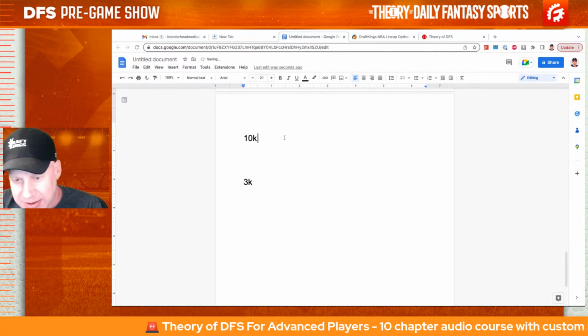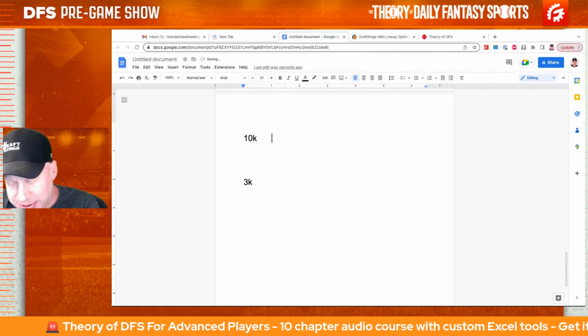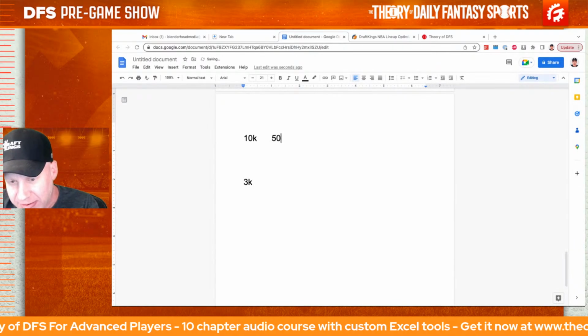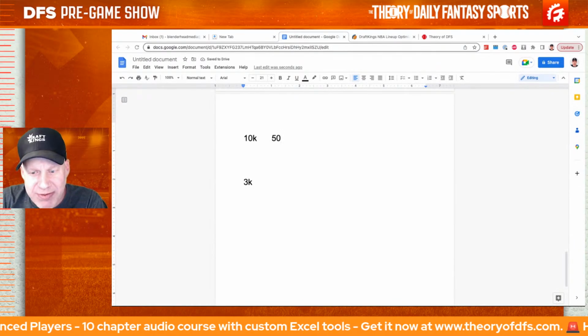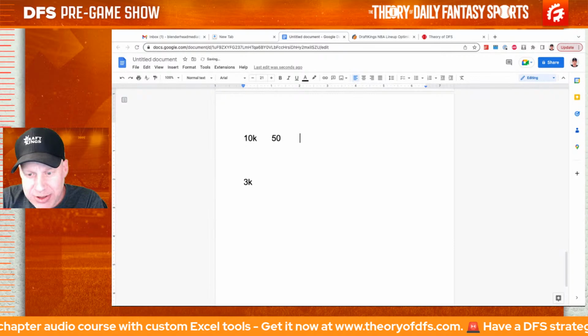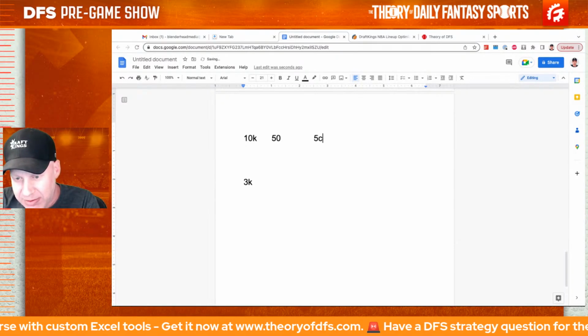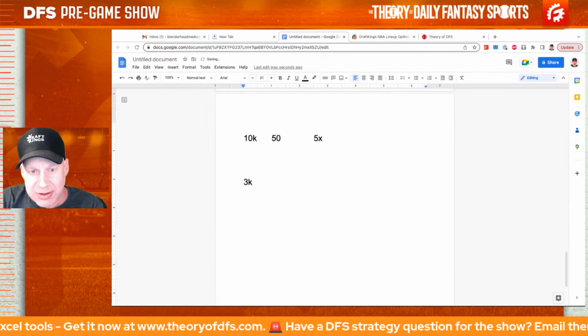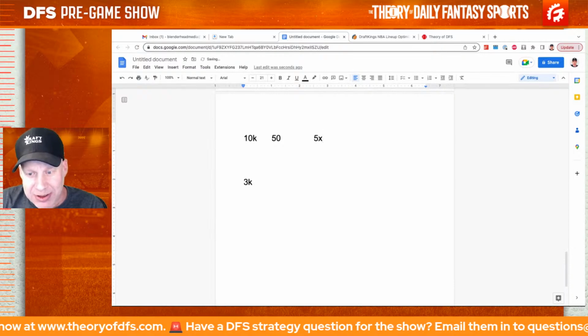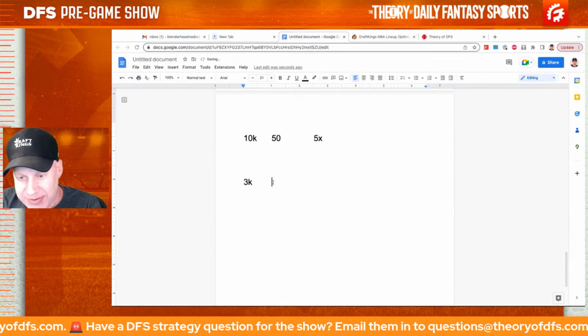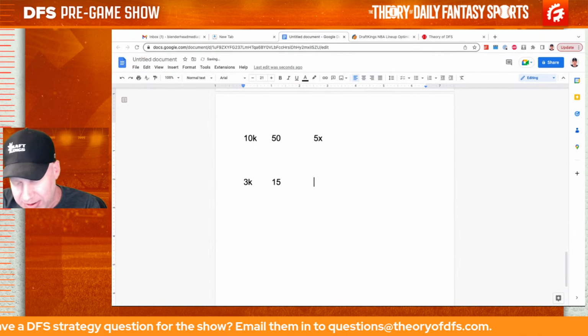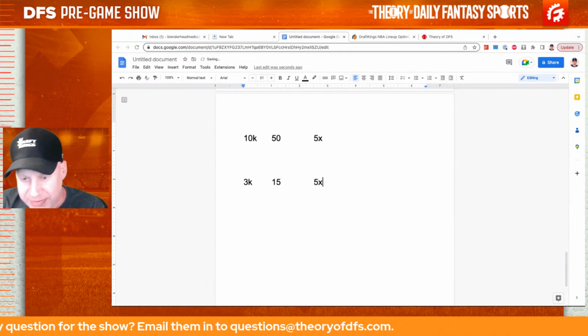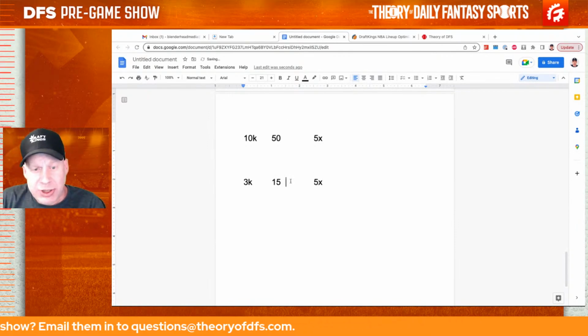Let's say this guy's projection is, mean-wise, 50 points, right? So that would be 5x, 5 points per dollar. This other guy also has 5 points per dollar, 5x. It would be a 15 point projection. Are these two players equal?